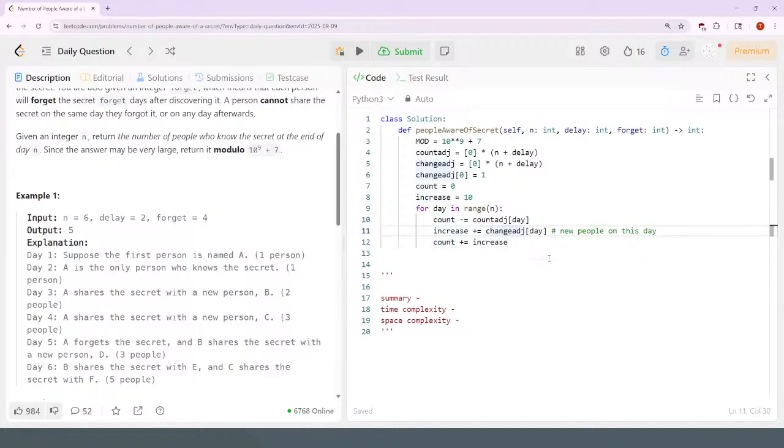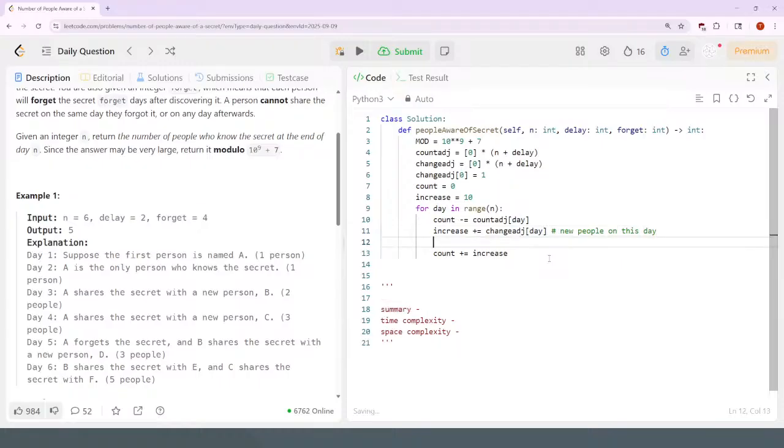And then based on this increase, these people will forget. Count adjust on the day plus the forget is going to equal the increase.